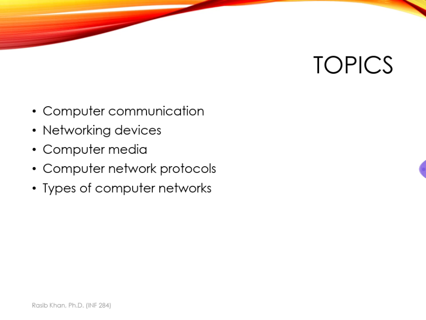For example, for home uses, for enterprise uses, universities and other institutions, they require different forms of structures of the network, and they're defined by different architectures. So those are things which we will cover in the computer network section.